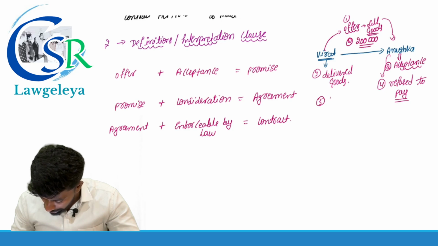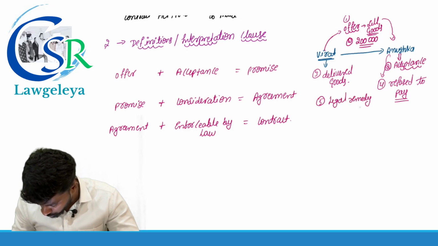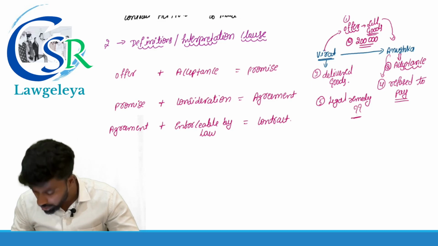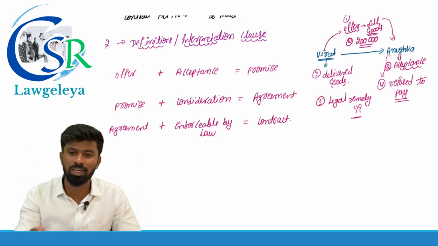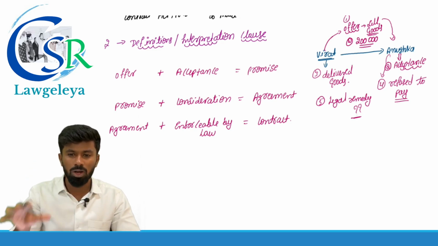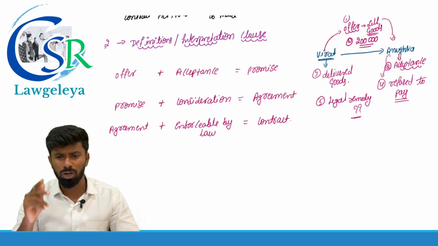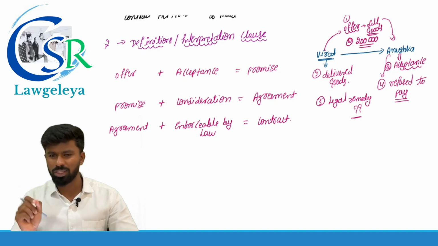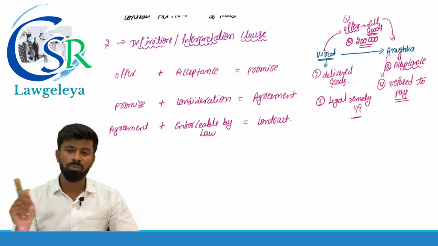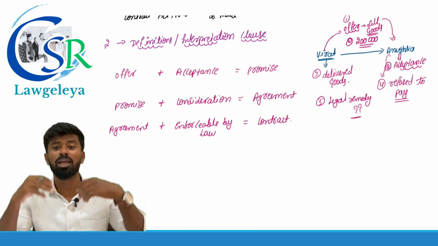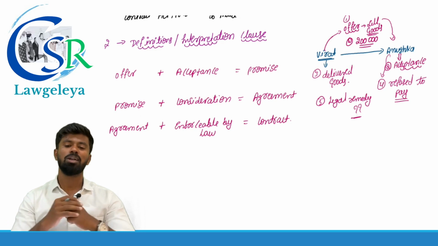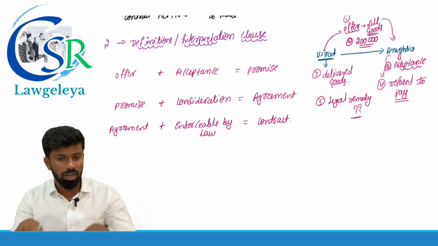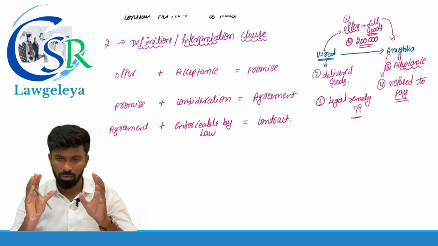Can he go to the court? If he goes to the court, will he succeed in the recovery of 2 lakh? The answer to all these questions depends upon what? Whether there is a valid contract between Virat and Anushka. Because only a valid contract creates a right and obligation between the parties to a contract. If there is a valid contract, it means Virat has the right.